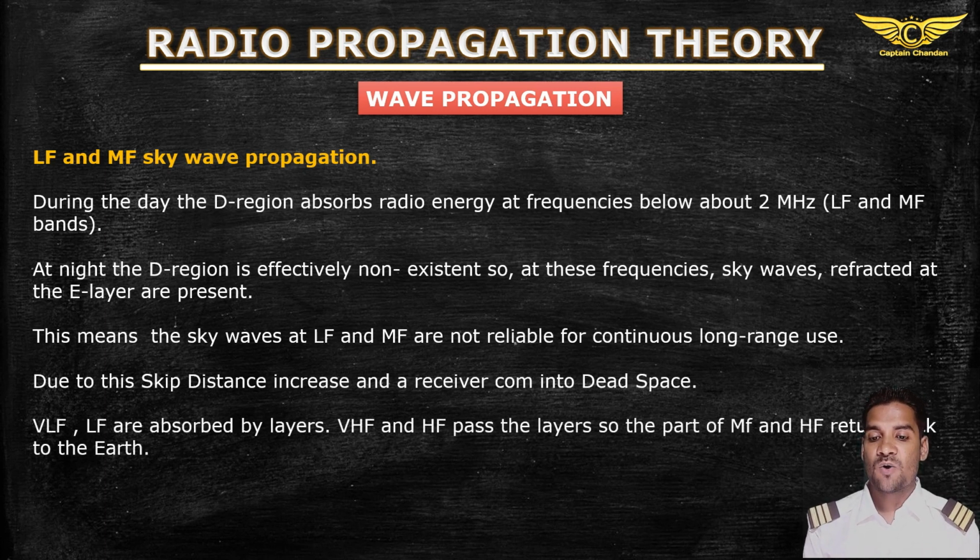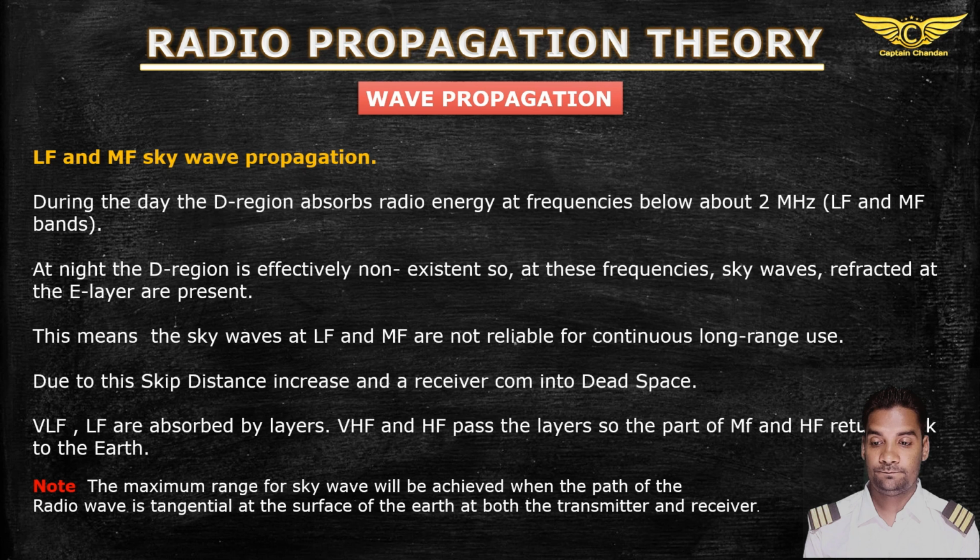VLF and LF are absorbed by the layer. VHF and HF pass through the layer, so part of MF and HF returns back to the earth. Note, the maximum range for a sky wave will be achieved when the path of the radio wave is tangential to the surface of the earth at both transmitter and receiver.